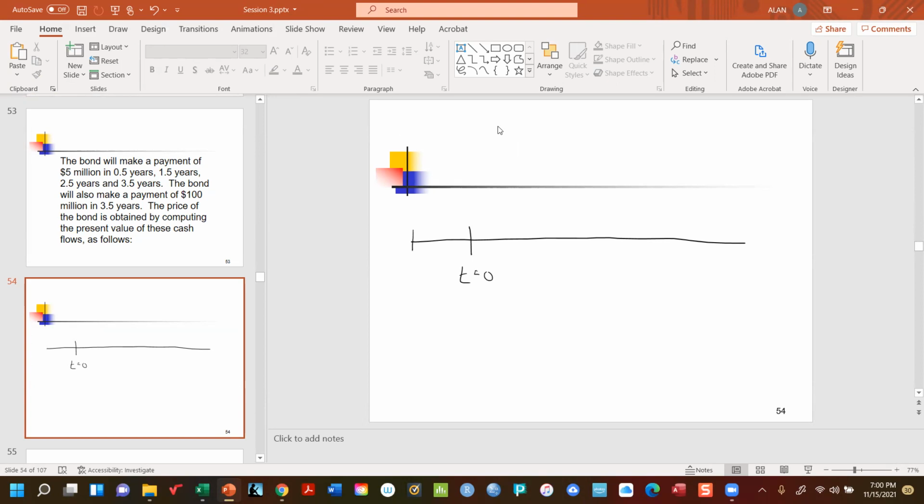So this means that we could call this negative half a year ago, which was when the swap was entered into. This is today. And now in 6 months, or half a year, the first exchange of cash flows will take place.